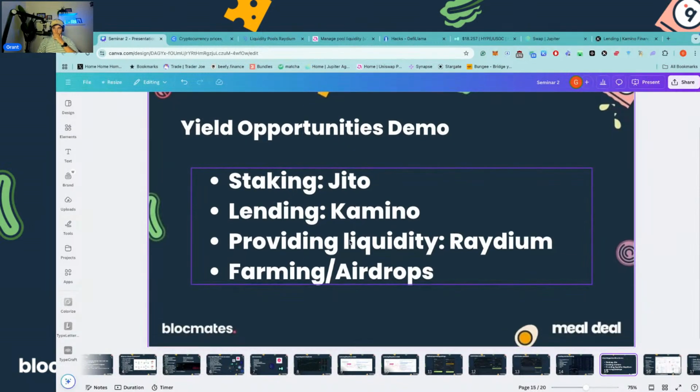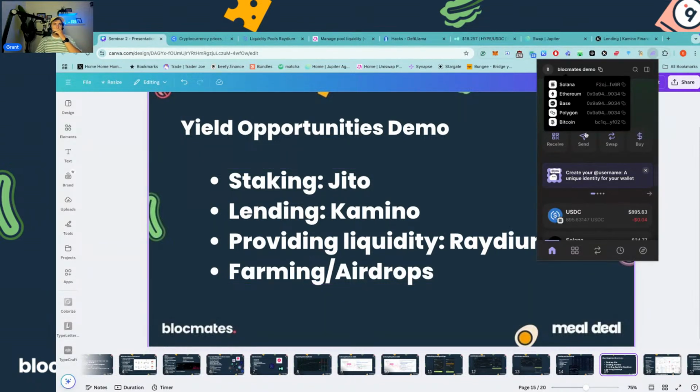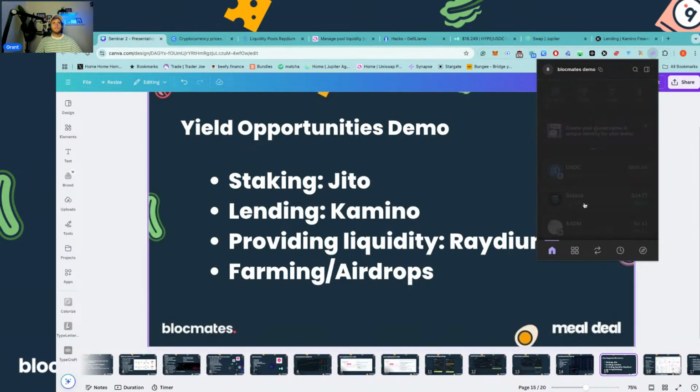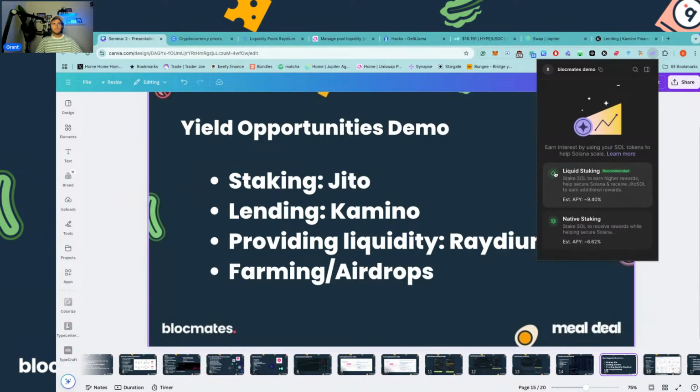So we've been through Kamino, we've been through Raydium, we haven't been through Cheeto. If you were to go to your Phantom wallet and click on your Solana, start earning Sol, you can go liquid staking, which basically means all the validators on the network are making sure that transactions are not fraudulent and that it's running as it should.